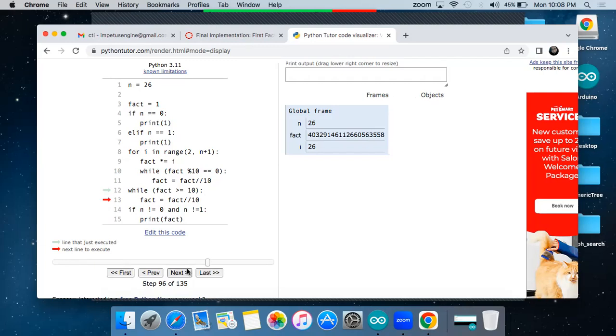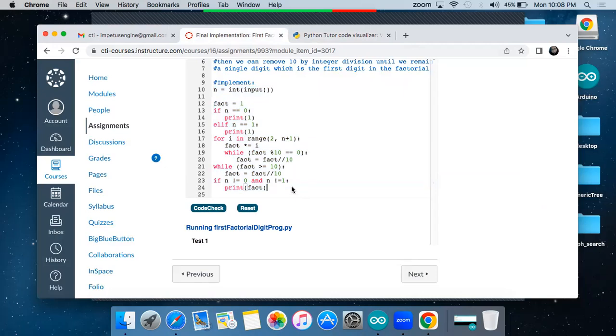So we just subtract off the ones digit one by one if the factorial is greater than 10. And then after we reduce by each digit, we end up with the last digit, which is 4, which is the first digit. And so we print that, and that's 4. And so we can go back and we can see what we did so far.